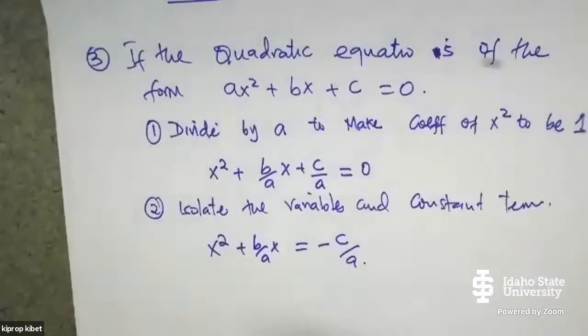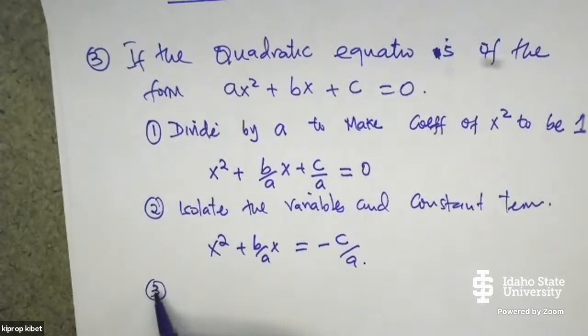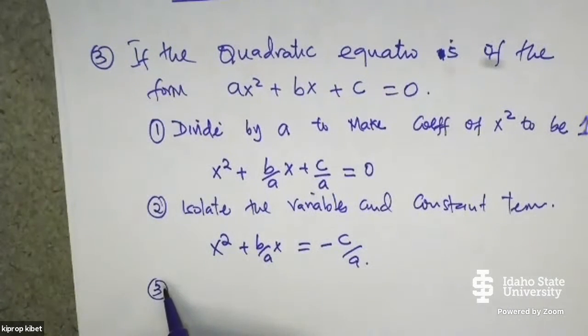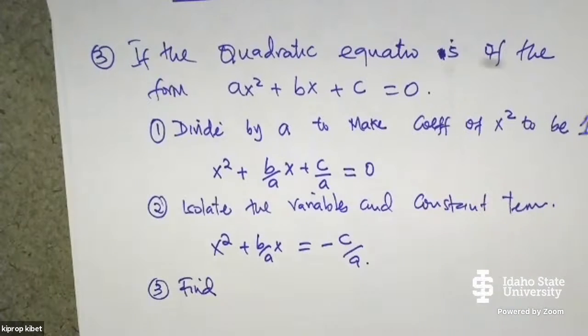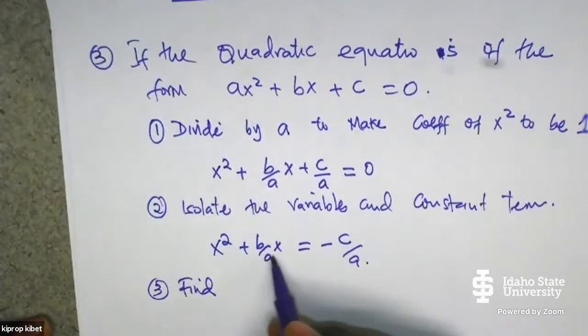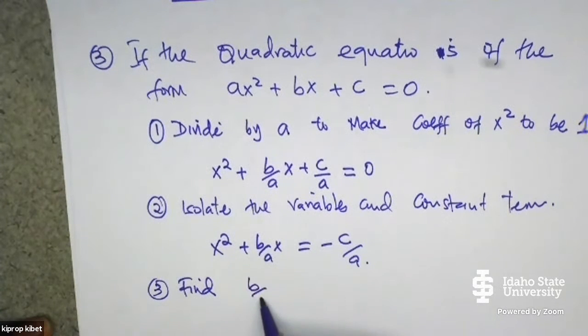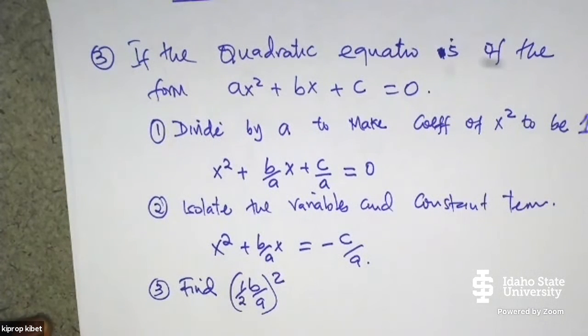Then from there now, you find half the coefficient of x. Our coefficient of x here is b all over a, half of it, and then you square half of it.